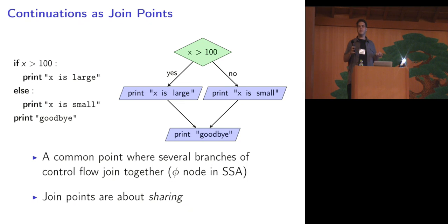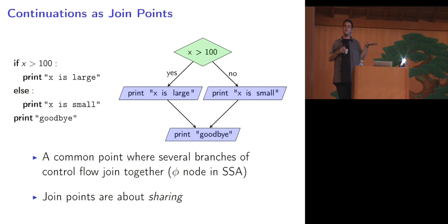So we do something different in either case. But at the end of the day, no matter what we do, we're going to come back together and print goodbye as a prompt. That point where the branching control flow comes back together is referred to as a join point.